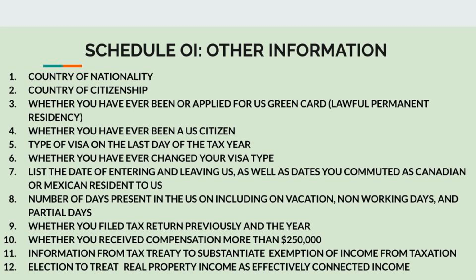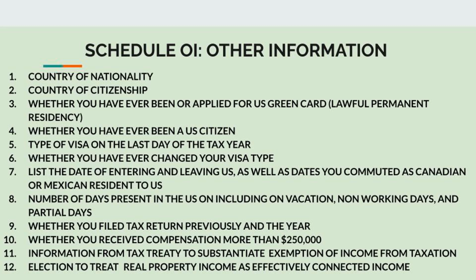So this number 12, I'm going to go over it and give you an explanation. Essentially, if you're a non-resident in US, but you do have a rental property, for example, that you are making money from, under the FDAP, that property income would be considered basically taxable as 30% flat without being able to make any deductions.